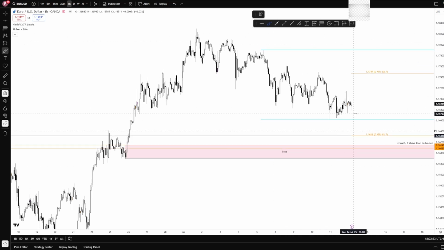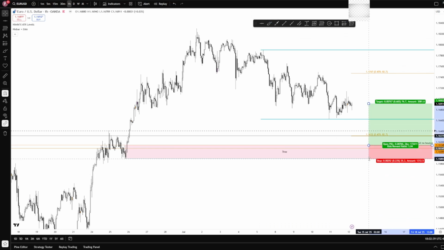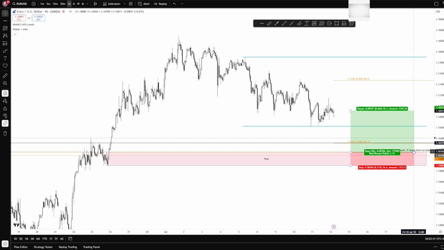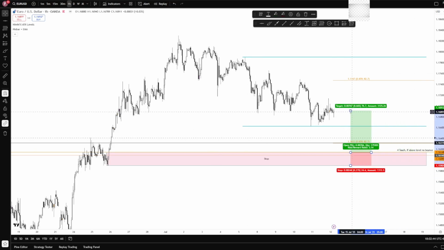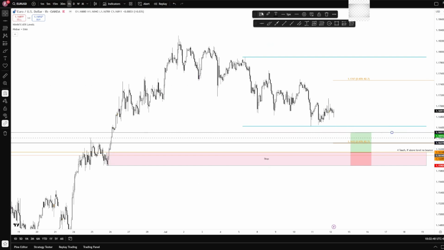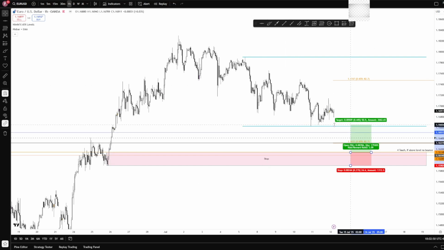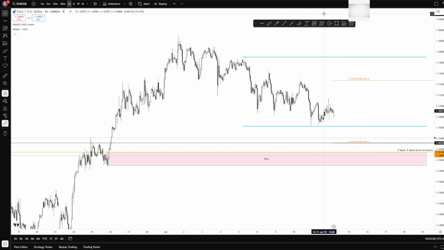If price comes down swiftly, I would like to take a long position with a stop somewhere around here, and I'll play it to maybe here, this H1 low, or maybe here, depending on how swift the downward candle looks like. This is one of my potential setups for the upcoming week.